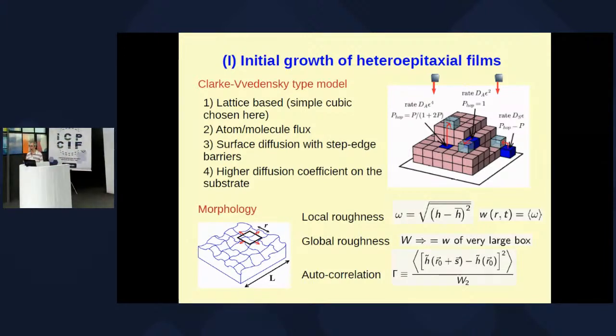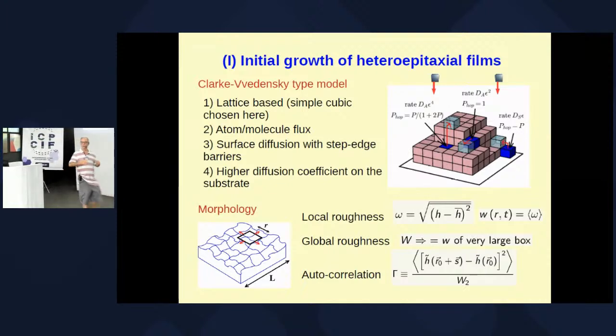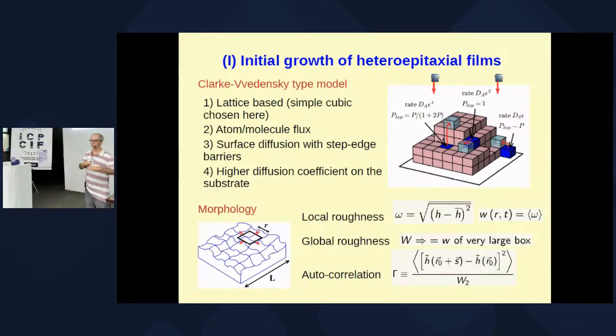There are 2 students from there here in this talk. So I will summarize here the first work we did along this line of studying initial growth of heteroepitaxial films, which means film grown on a surface, on a substrate of a different material.